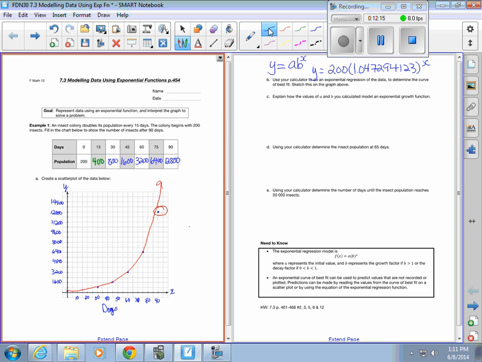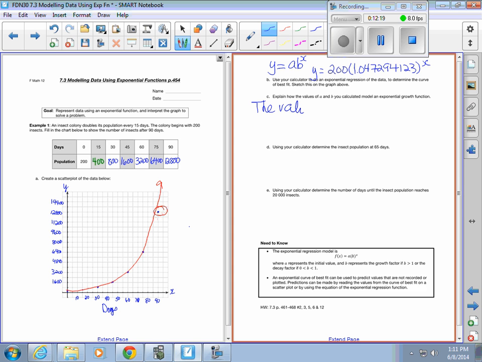Or in this case, our starting population. And it says, how do we know that this is exponential growth function?